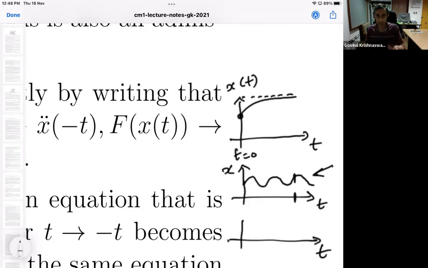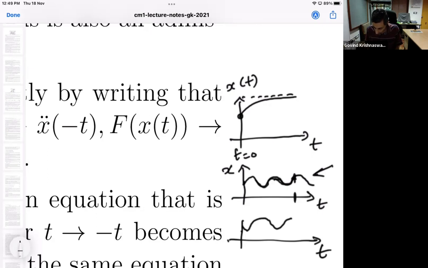As the video is being played, the particle begins somewhere. It will move. The x is going to decrease. Then it is going to increase and decrease and so on. So I'm taking this solution and plotting it backwards. I'm just following it backwards.